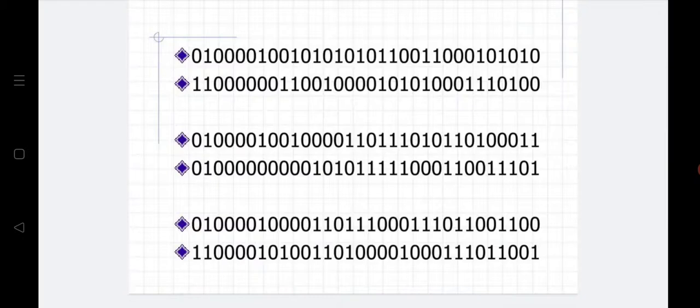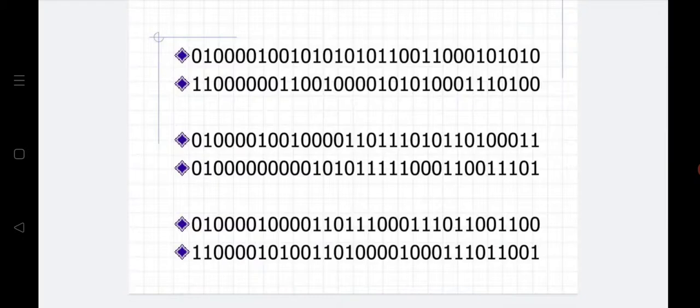Okay, once we get this normalized value, I need to keep it in the format. In the format, the first bit will be a sign bit. In the fixed point representation, based on whether it is a positive number or a negative number, your sign bit will be 0 or 1. And next will be your exponent.